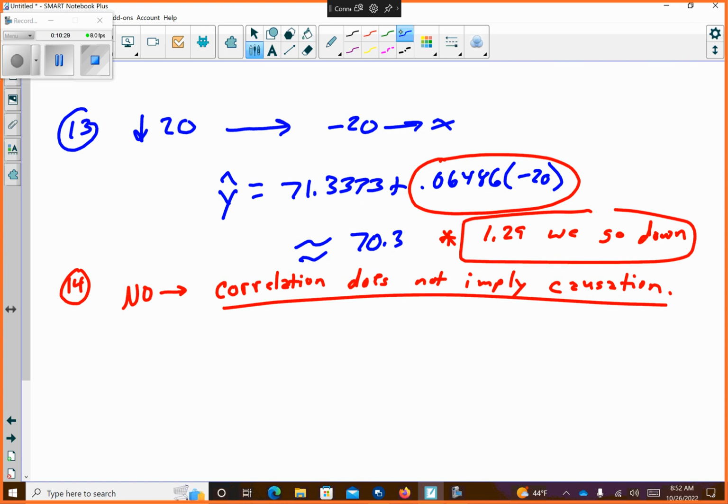All right, number 15. Looking over this information, what do you take away from the research? You could say anything. I mean, there's things that we have to know. We had an R value of 0.186. That's horrible. Okay, that's much closer to 0 than it is to 1, so it's horrible. So you can't really make a prediction that this works.